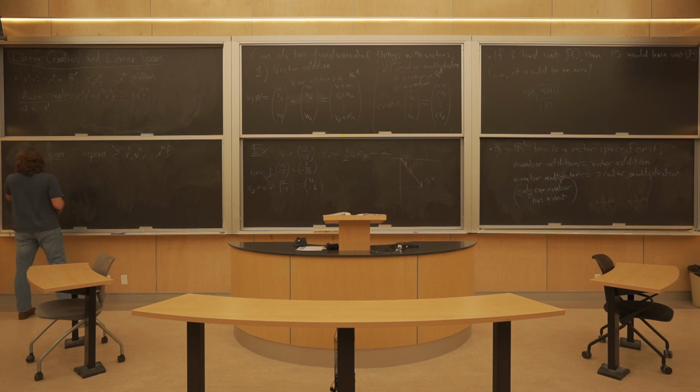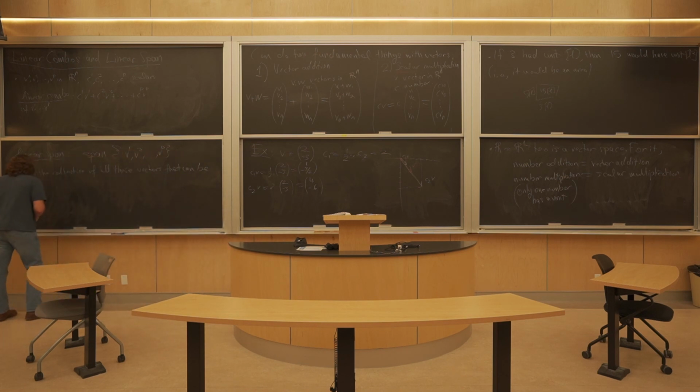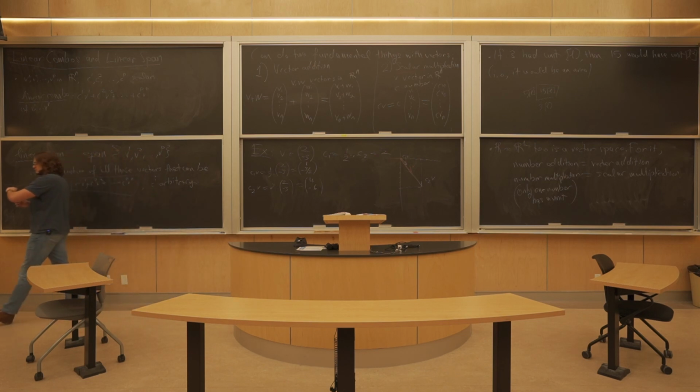This is going to be a certain collection of all those vectors that can be written as c1 v1 plus c2 v2 and so on. So the ci here are arbitrary. You can use any numbers you want. I still have time. Okay.